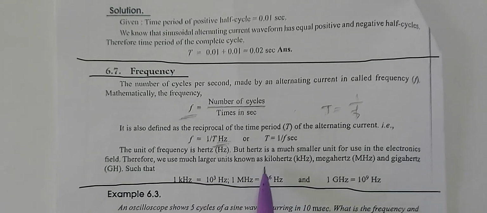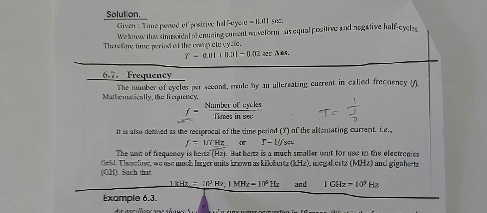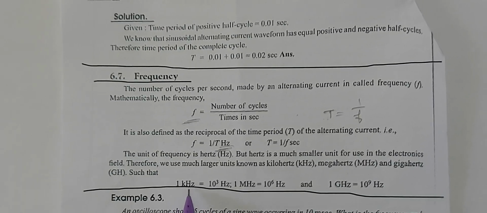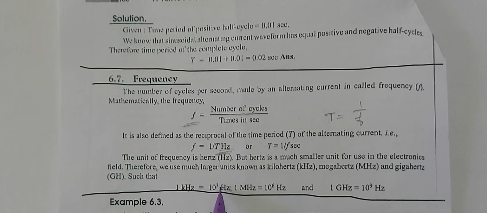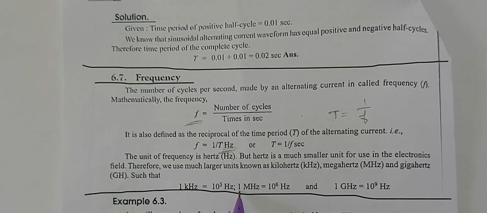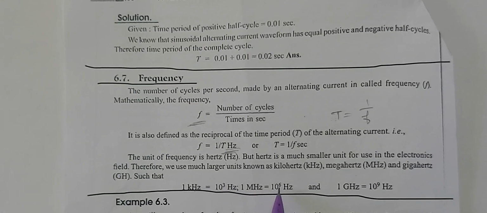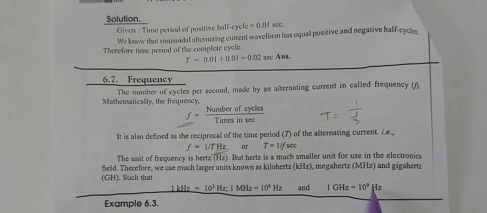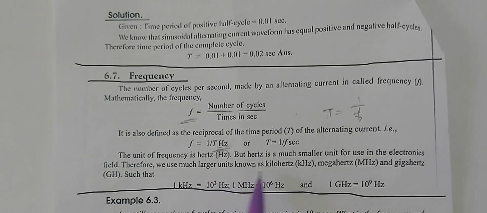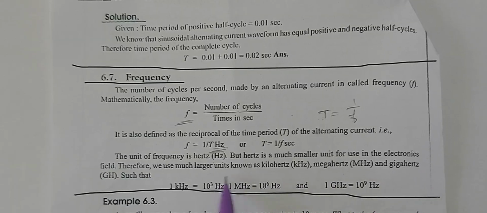For example, 1 kilohertz means 1 into 1000, that is 10 to the power 3 hertz, or 1 megahertz is 10 to the power 6 hertz, and 1 gigahertz is 10 to the power 9 hertz. These are the various units used for frequency.